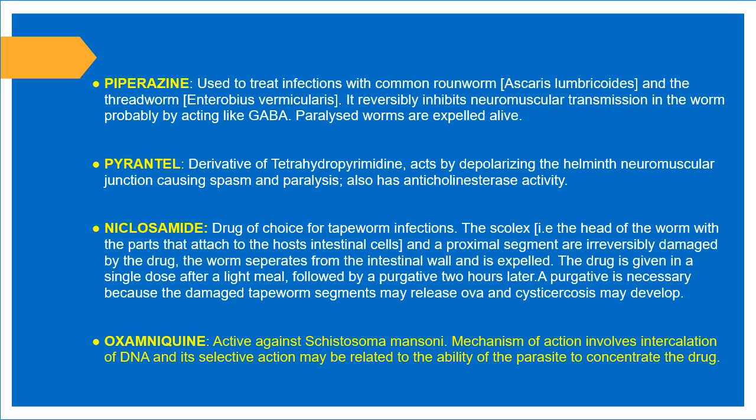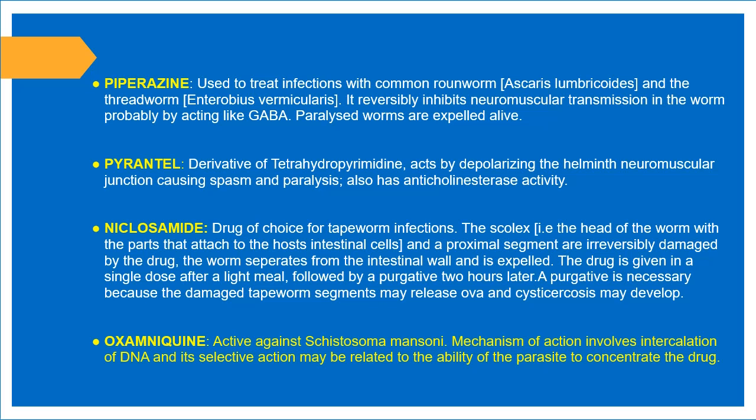This is done probably by acting like GABA, the inhibitory neurotransmitter, on the GABA-gated chloride channels in the nematode muscle. So what happens is the muscles get paralyzed because of the GABA effect, and the paralyzed worms are expelled alive. The next drug is pyrantel.